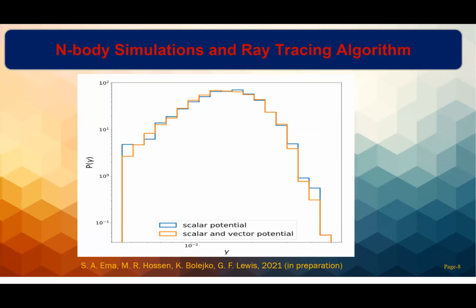You can see the distributions of the shear are nearly equal in both cases. So to minimize the time as well as the space, we did not consider the other perturbation effects in our analysis.